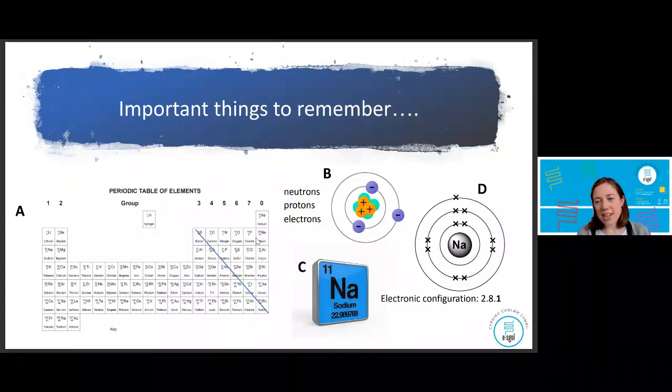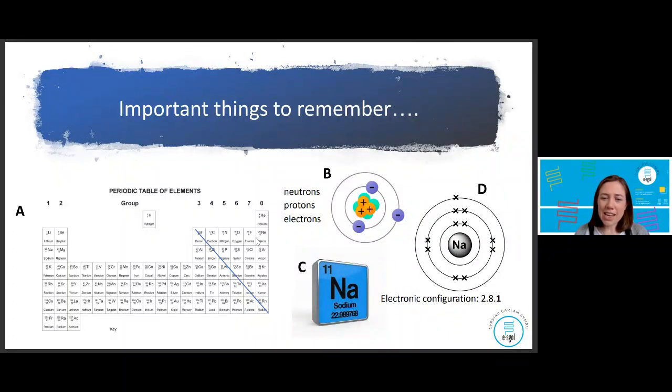Then we move on to D, and here we have what is really important in bonding, in fact, which is electrons and the electronic configuration of electrons around the nucleus of different atoms. We've got sodium here, and sodium has 11 electrons, and we know that from the atomic number.